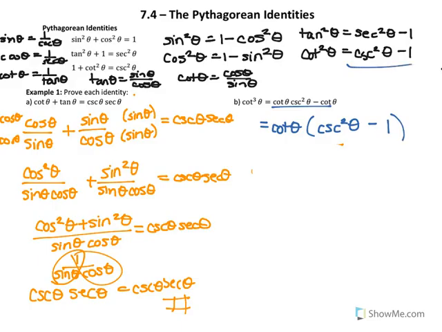And I know that cosecant squared theta minus 1 is cotangent squared theta. So this is the same as cotangent theta times cotangent squared theta. And a cotangent squared times a cotangent makes cotangent to the power of 3 theta. So that one was really easy.